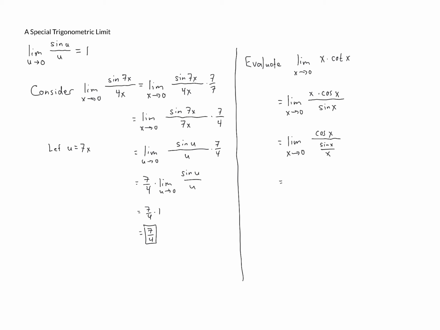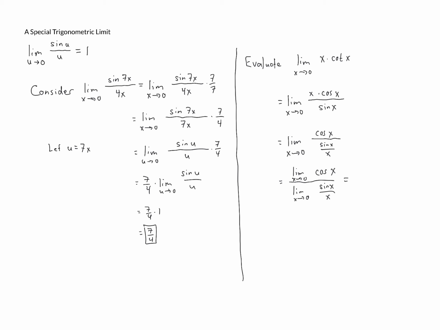Now, we know that when we have the limit of a quotient, we can rewrite that as the quotient of the limits, so long as those limits exist, and the limit in the denominator is not equal to 0, because we can't divide by 0. All right. And so at this point, we can evaluate these limits separately.